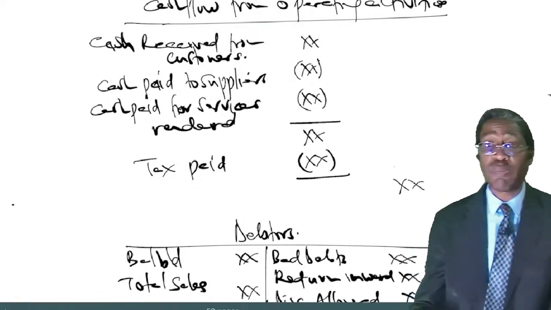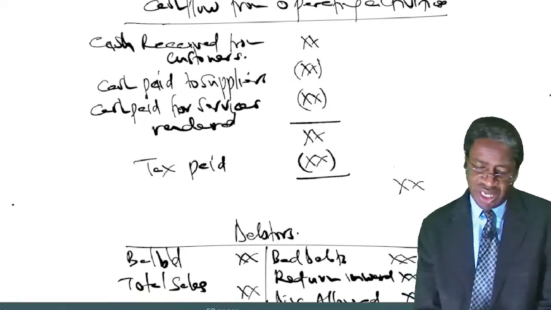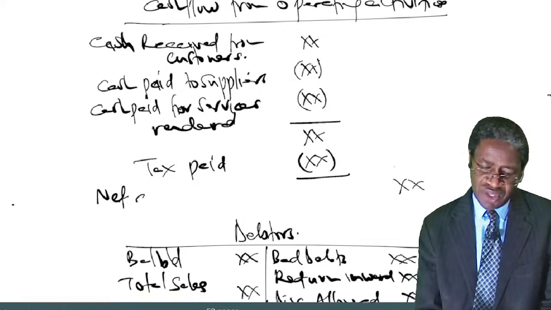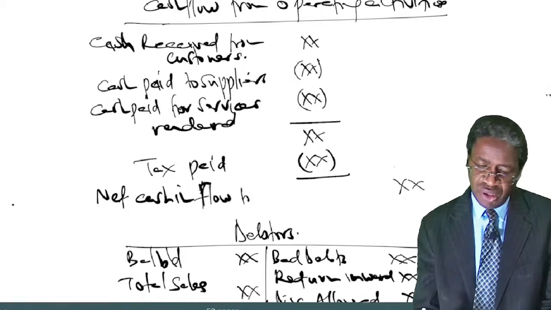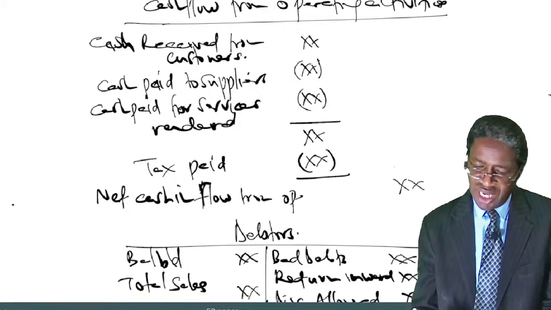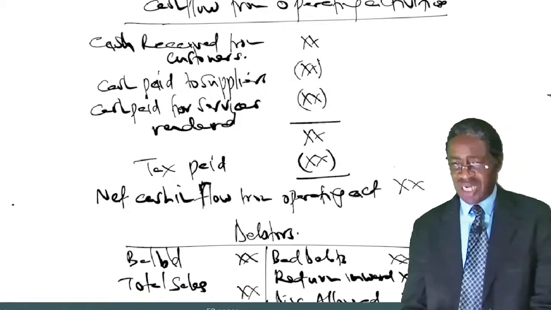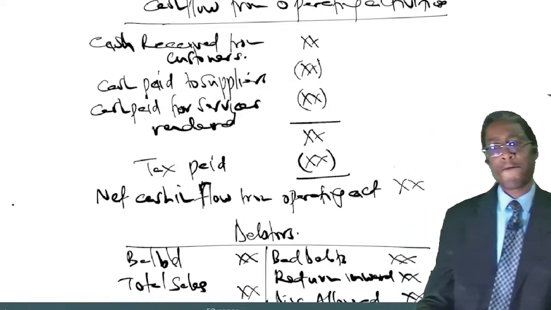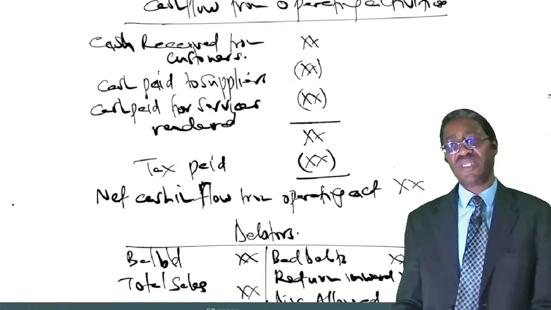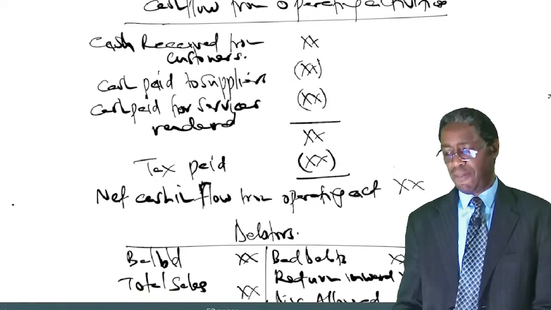Let me assume it's a positive. We said last time that if it's a positive, we normally call it net cash inflow from operating activities.